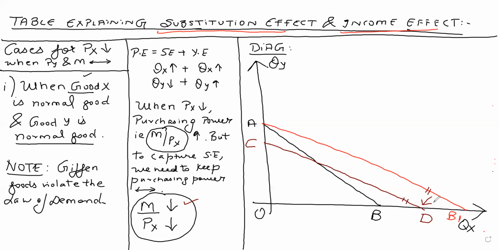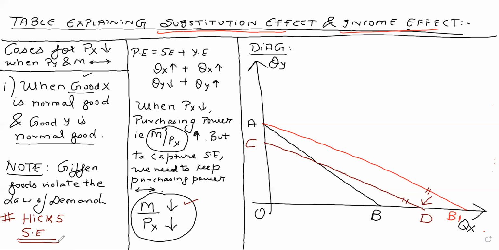Now we can have the indifference curves. And we are studying the substitution effect, which was given by the economist John Hicks. So what did he say?